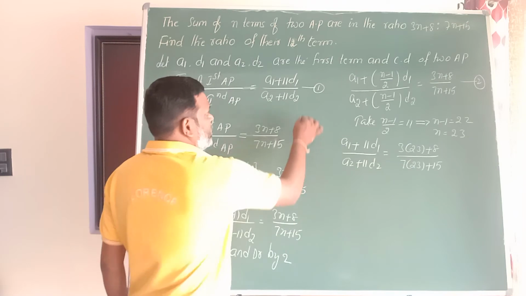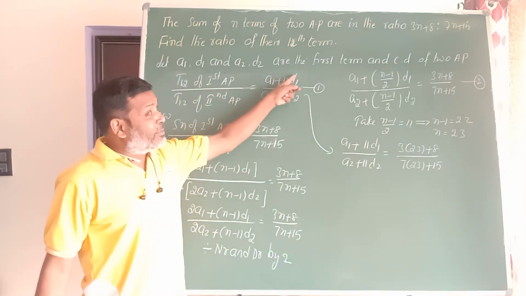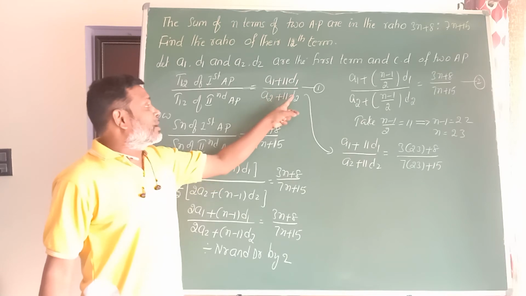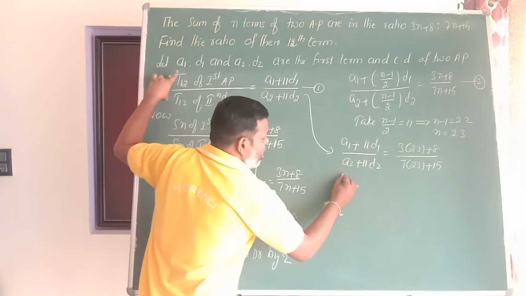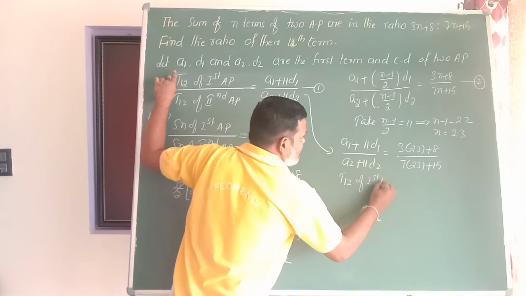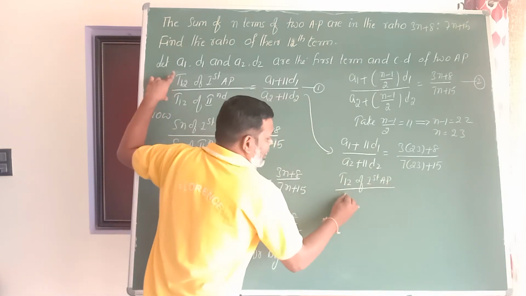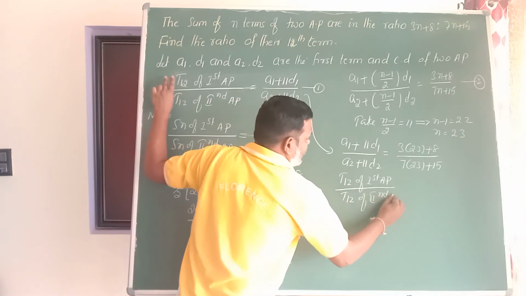Now observe here, using equation 1, (a1 + 11 d1) divided by (a2 + 11 d2) is nothing but this. What is that? T12 of first AP divided by T12 of second AP.